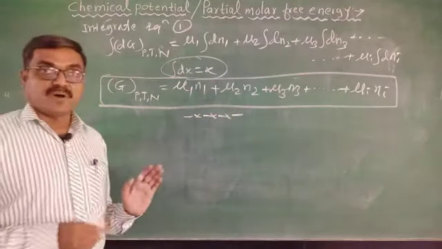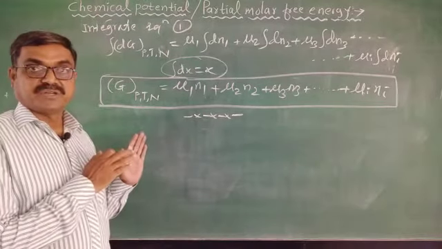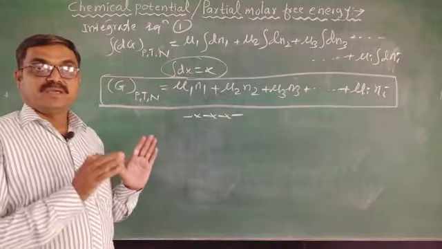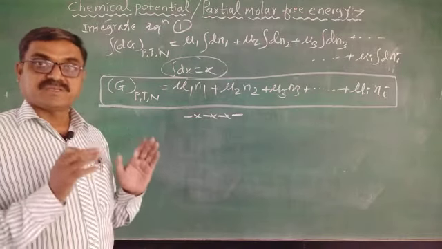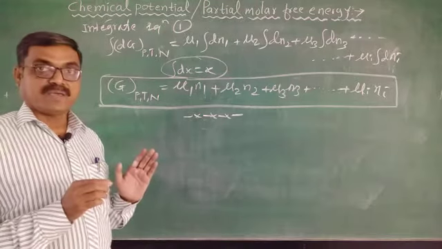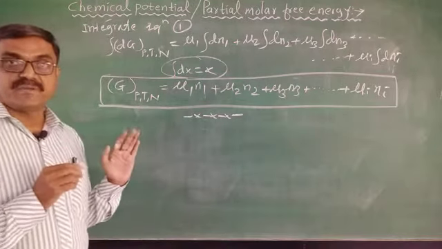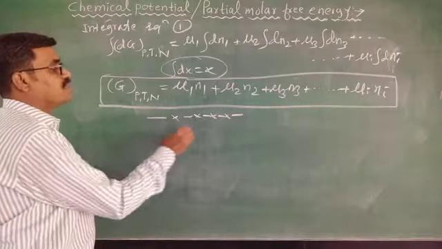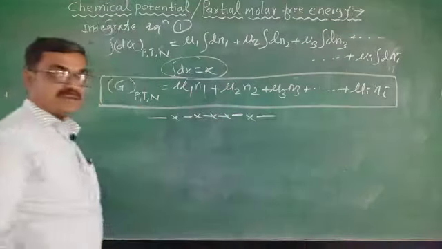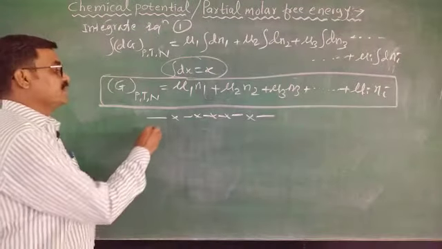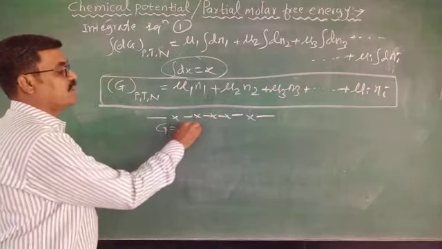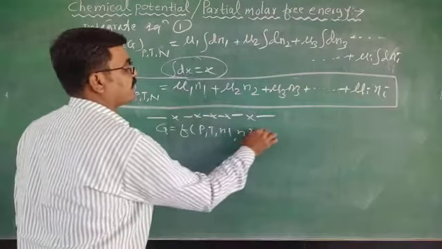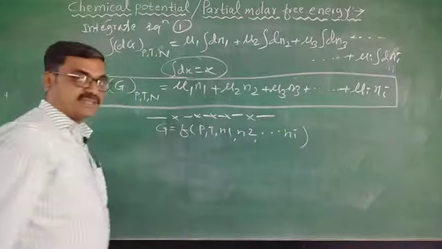Here we studied the Gibbs free energy change of the system. Now, how to remember this derivation? Initially, a system is considered. Let me assume that for this system different numbers of moles are there. That's why G is a function of pressure, temperature, n1, n2, up to ni. Why is this so?